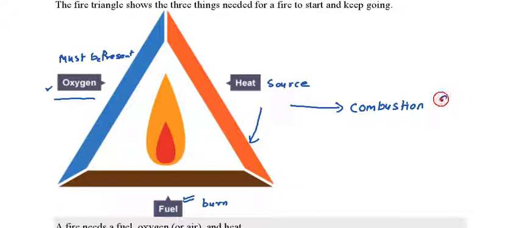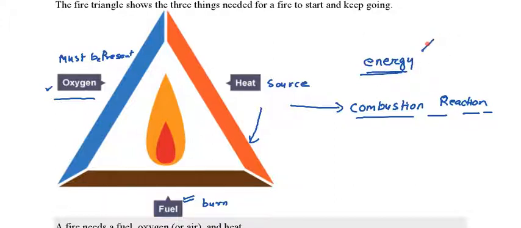Combustion reactions are generally considered exothermic, meaning when any fuel is burned, it will always generate energy, in different forms, sometimes heat energy, sometimes light energy. Different forms of energy are generated by the run of the combustion reaction.